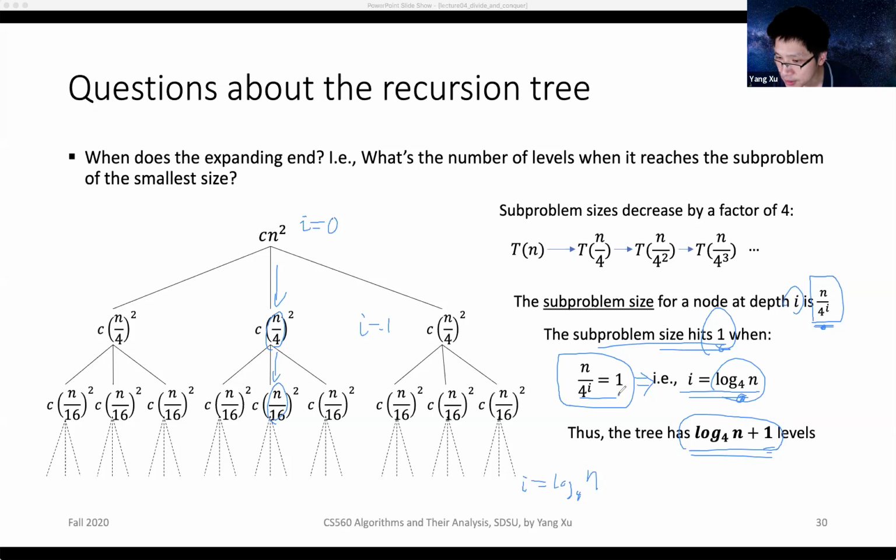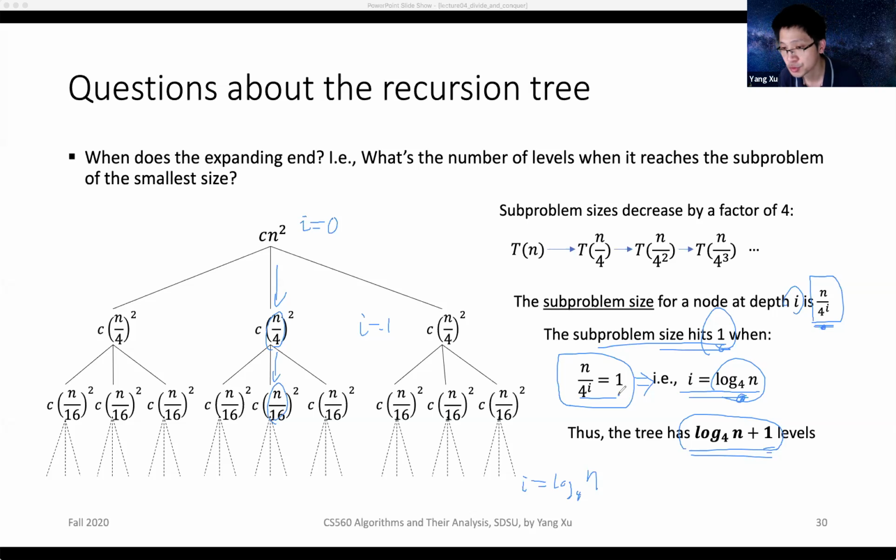And Devin asks, why is it c times n over 4 squared? Yes, I think Tyler asks that question.